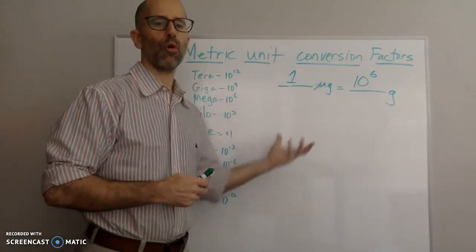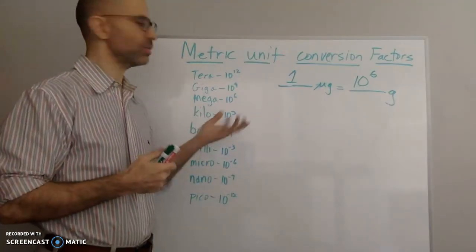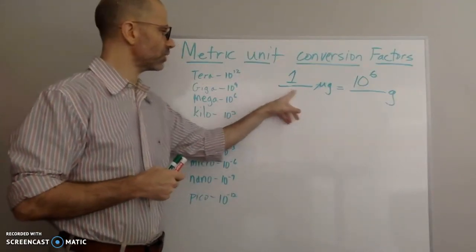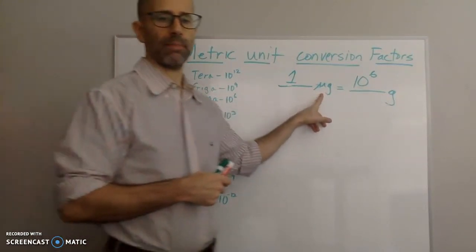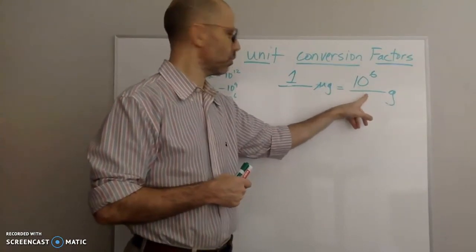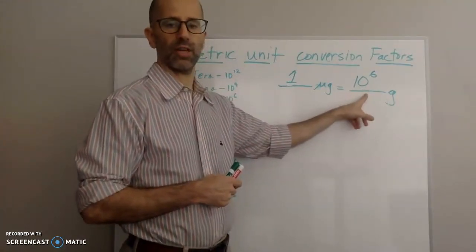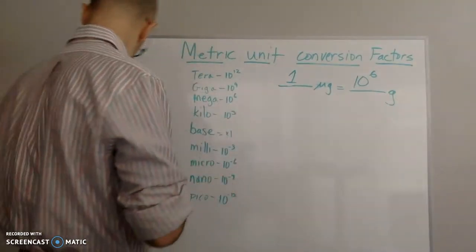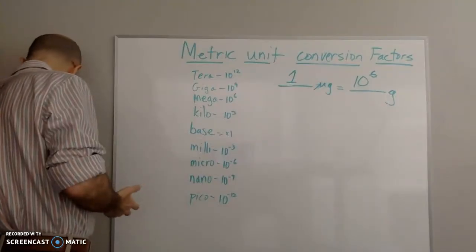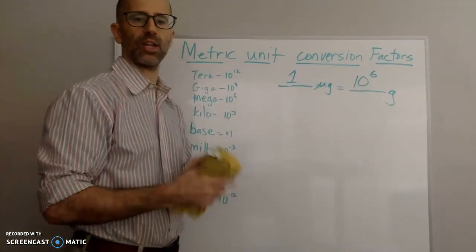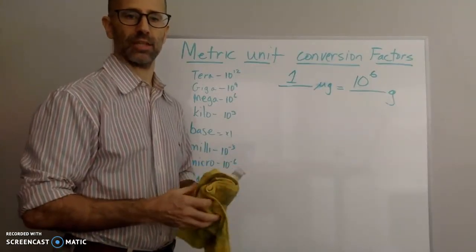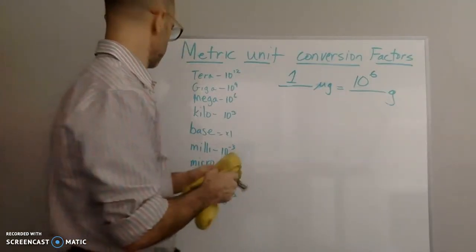So to avoid this sort of error, I always put the 1 with the unit with the prefix, and I put the prefix multiplier with the base unit. And I will never make the mistake of switching them or getting the wrong equality, which is an easy mistake to make.